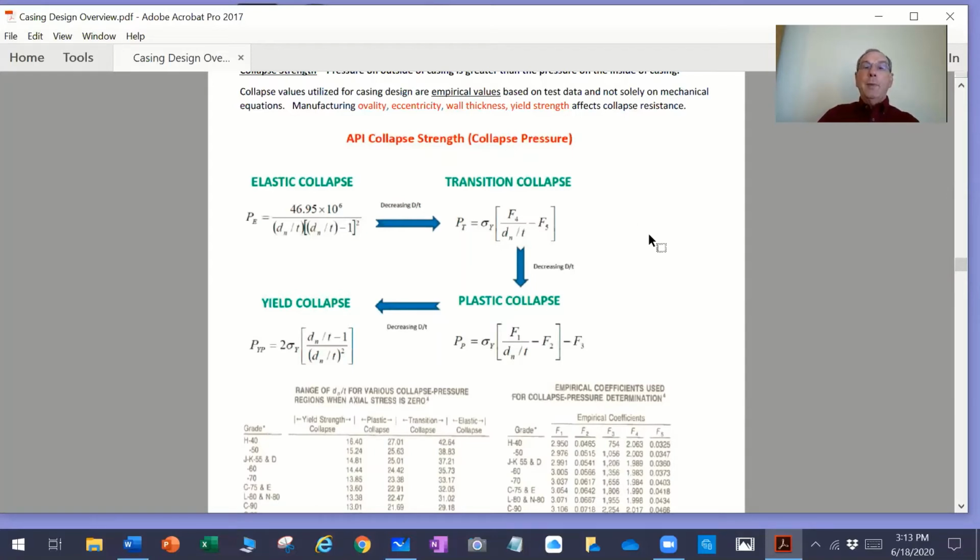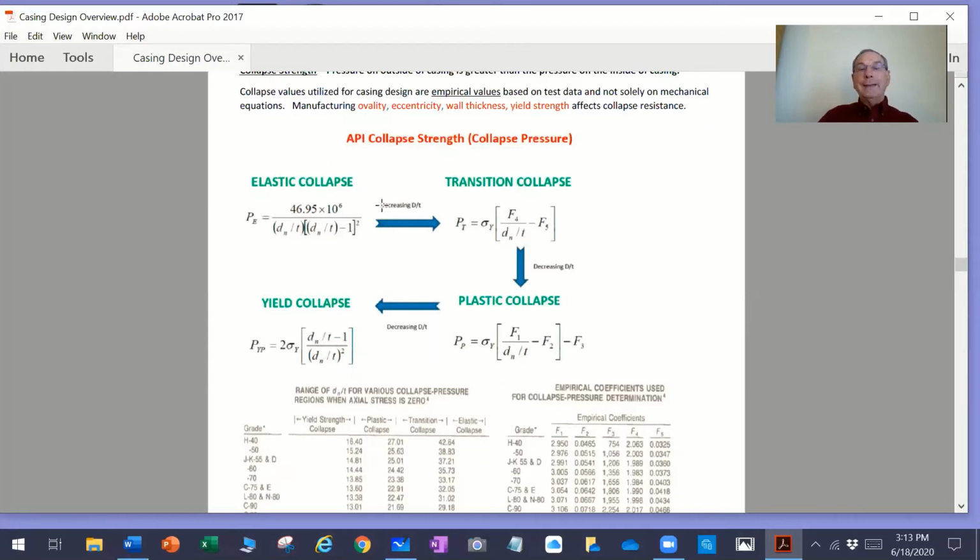So it boils down to diameter divided by wall thickness ratios. You'll see that the elastic collapse equation is based on very large OD pipe, and it transitions from the very largest OD to smaller OD pipe, in which you'll end up with a smaller D over T ratio. So D over T ratio is decreasing as you go in this direction.